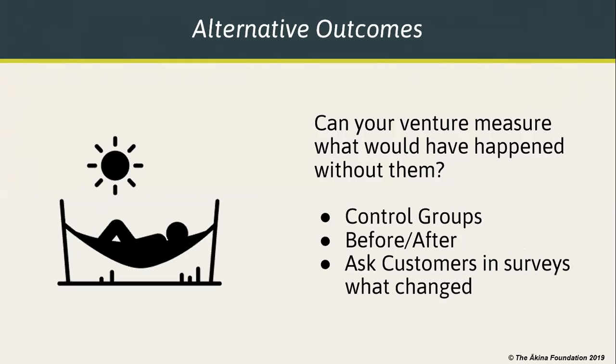Would things have improved anyway due to other factors, like with those people that self-selected into the venture's program, the ones that were already going to be upwardly mobile because they were the go-getters, and have they just selected the best participants that would have succeeded anyway? So is there a way they can measure that effect with a control group? Control group being a group of people that have similar characteristics to the people you're working with but don't receive your support.